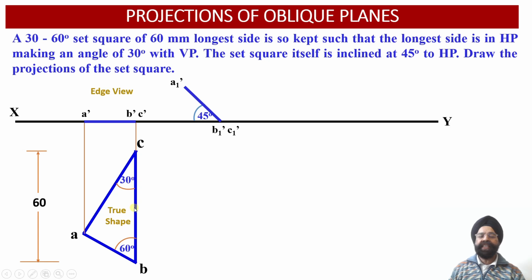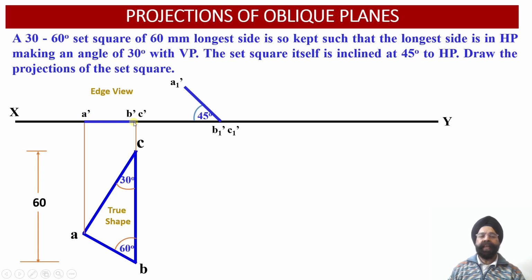So this longest edge BC will be still resting onto the ground. So here we can see that B1 dash and C1 dash points, they are resting onto the ground. So that is why these points have been marked onto the front view projections on the XY reference line. And this length is equal to the same length which we had obtained in the previous iteration.